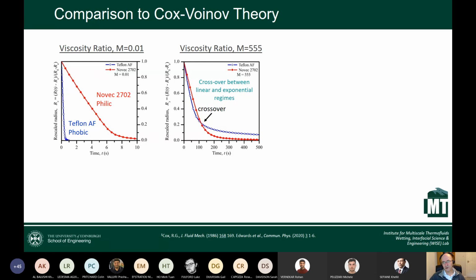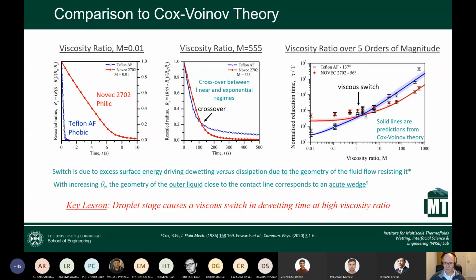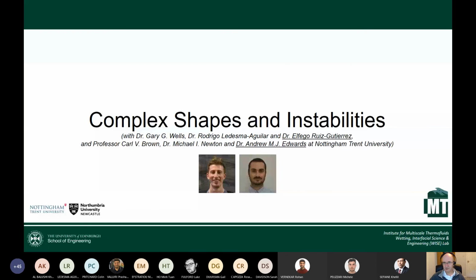And actually, the more phobic you are, the more the droplet is balled up, and the more the dissipation for the process is in the outer liquid, in what's now become a very confined space. And so you can compare to Cox-Voinov theory and confirm Cox-Voinov theory. And this work was done over 5 orders of magnitude of viscosity ratio. Okay, I'm not going to go too much into this.